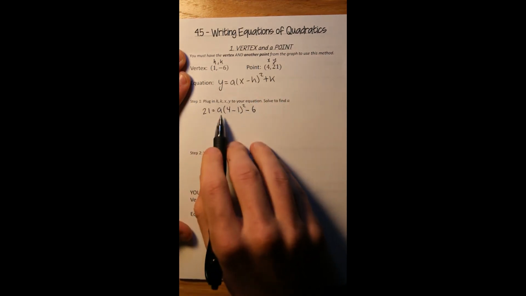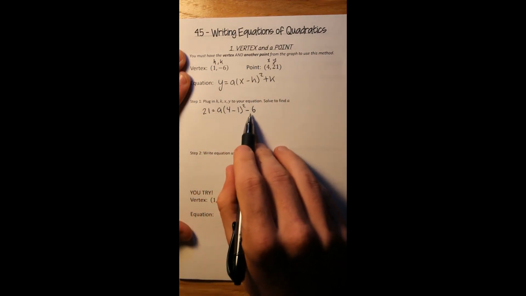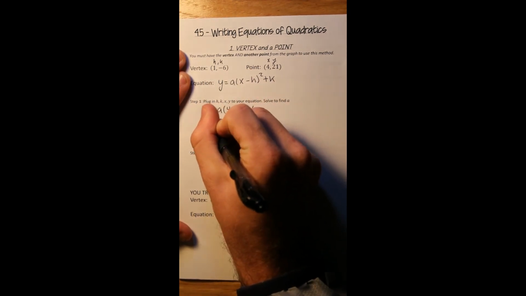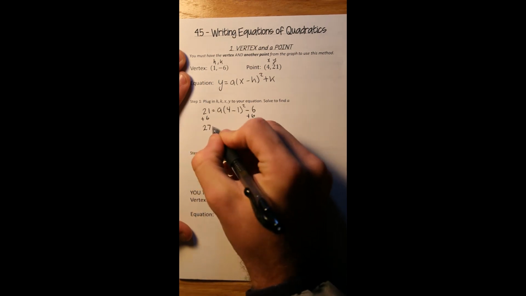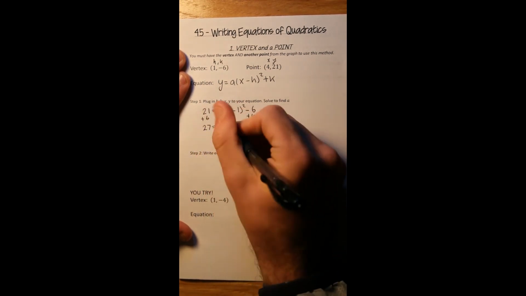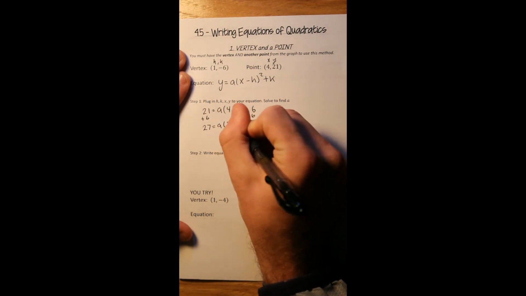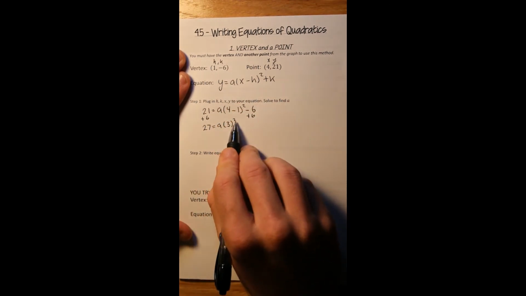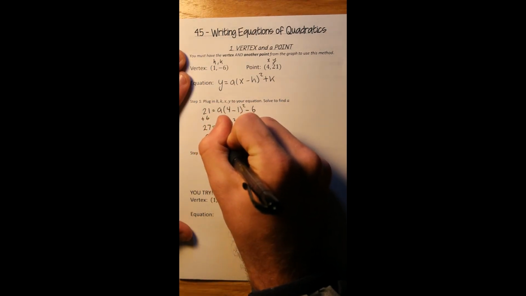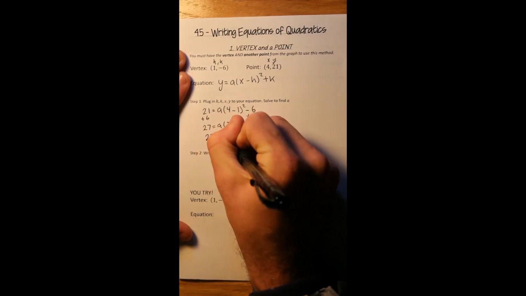Now in order to solve this, it's just solving for one variable, so I need to add 6 to both sides, and so now I have 27 is equal to a times, now 4 minus 1 is 3, so I have 3 squared. 3 squared is 9, so now I have 27 equals 9a.